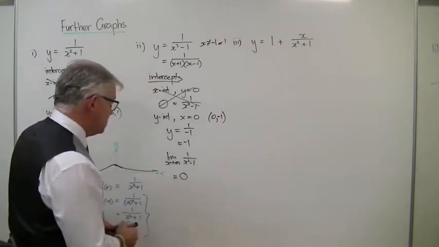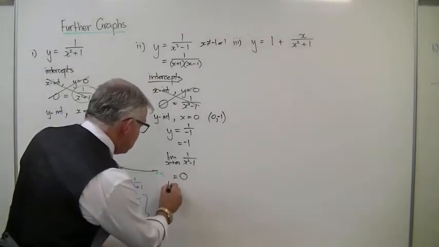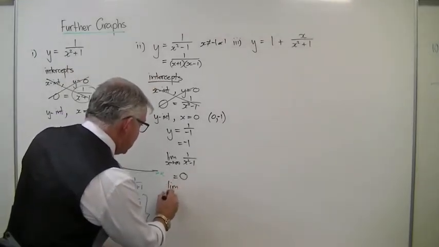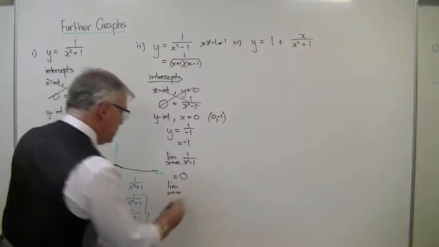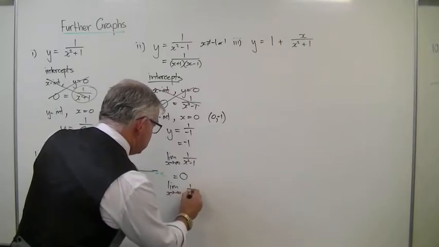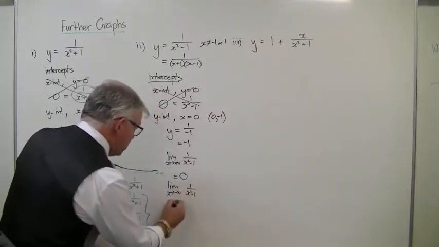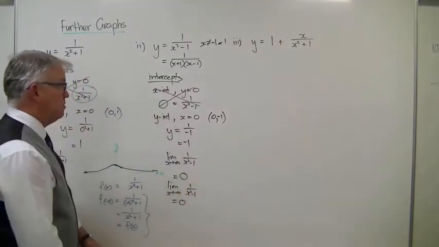That's what its limit is. And likewise, the same thing will happen for the limit as x approaches minus infinity of this same expression. It will also end up equaling 0.